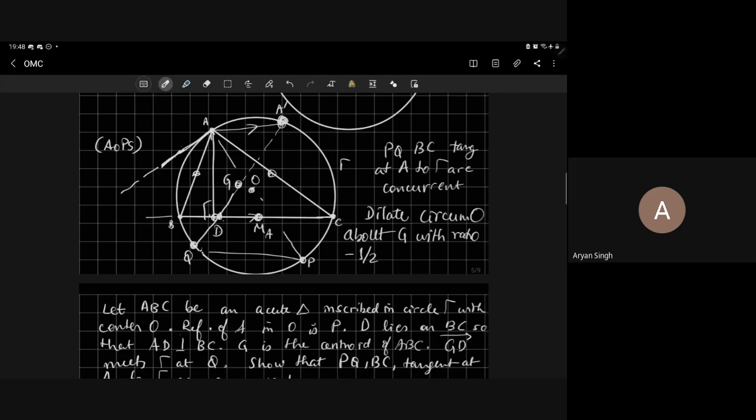So that means A prime is parallel to DMA and is equal to twice DMA. That should make sense. So now you can safely remove G from this picture.